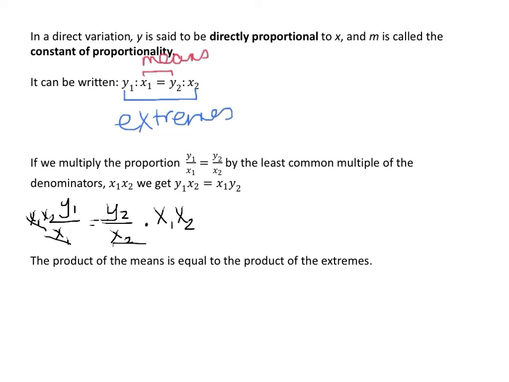That cancels, you get y1, x2 is equal to x1, y2. So what that means is that the product of the means, the product of these two numbers, is equal to the product of the extremes.